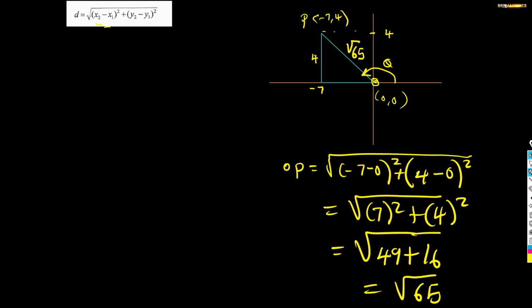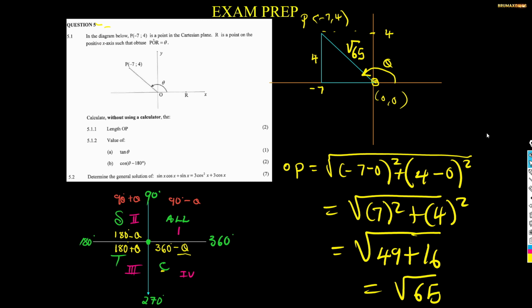So okay, let's move to the second question. The second question says give us the value of tan theta. In order to get the value of tan theta, remember tan theta is sine of x over cos of x, and also this can be y over x, this being the opposite and this being the adjacent.